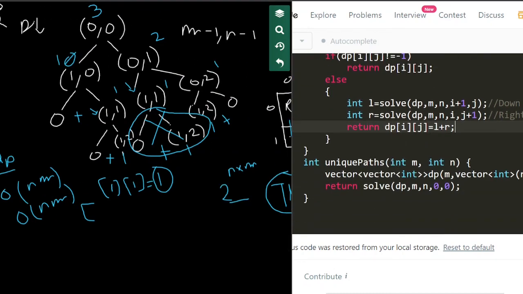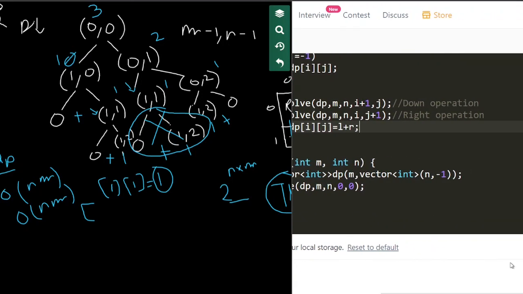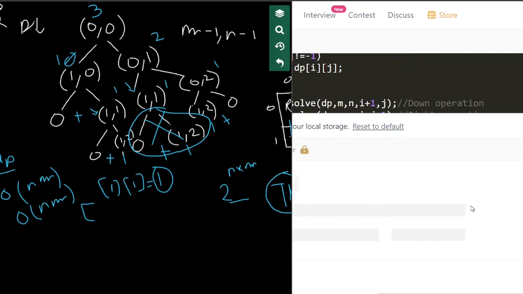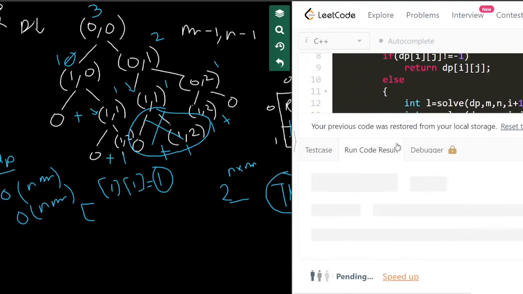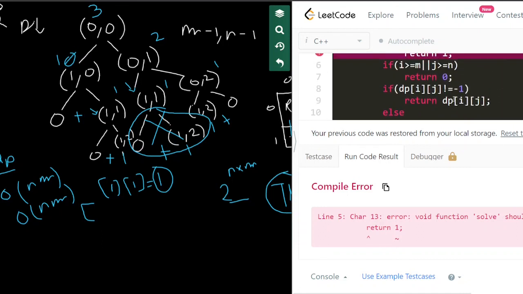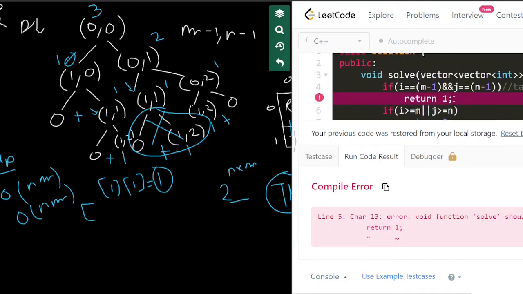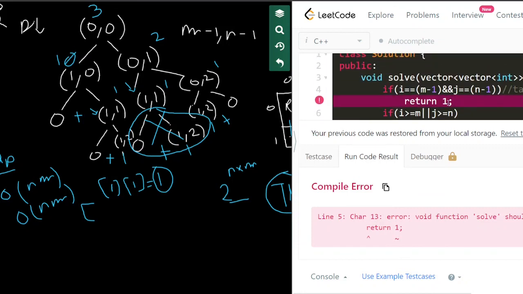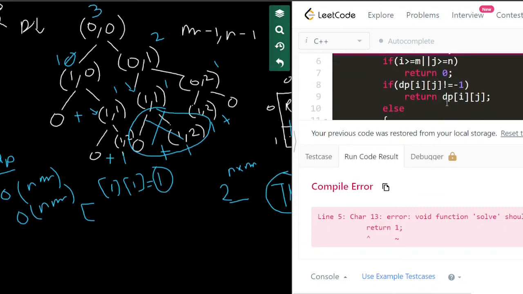Now let's run this code and see. If we run this code, you'll find there's an error over here, because we should return a value from solve.